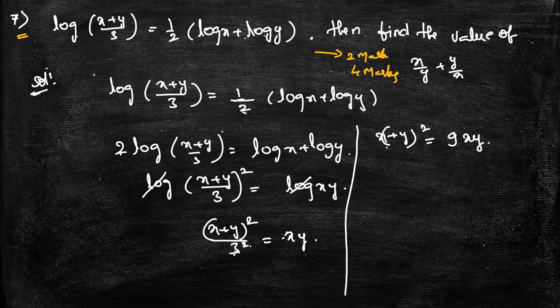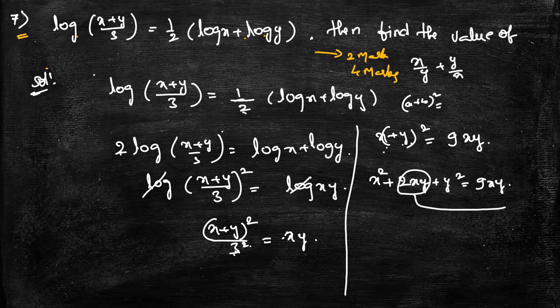So this (x plus y) whole square is like (a plus b) whole square. I will expand this as x square plus 2xy plus y square is equal to 9xy here. This 2xy is there, no? I will take it to the right side of the equation. Means x square plus y square is equal to 9xy minus 2xy, which will become 7xy.